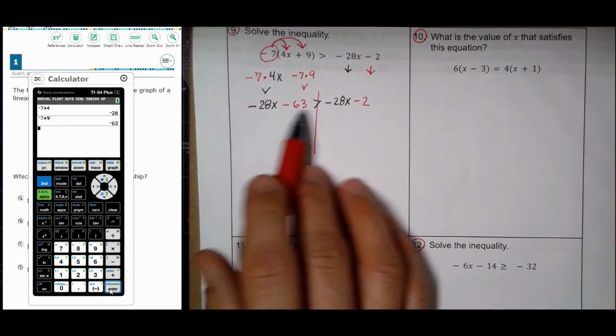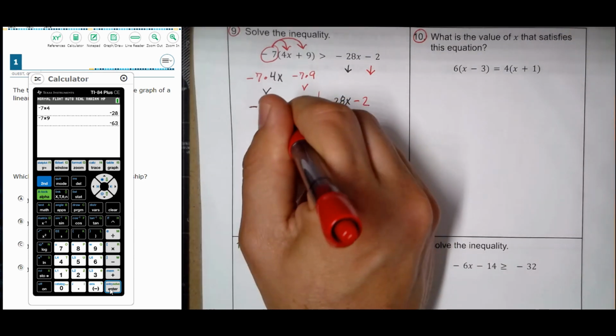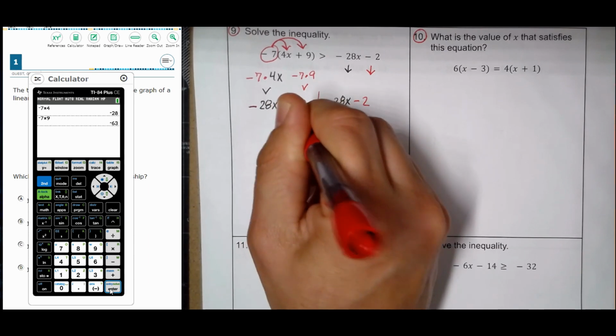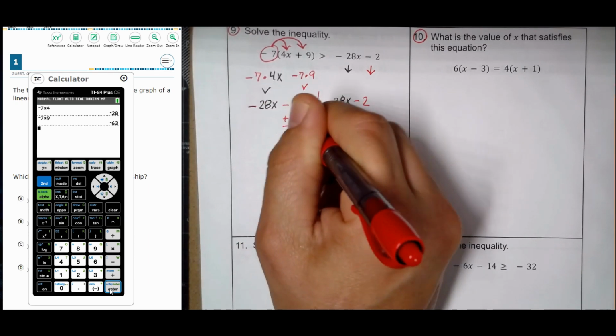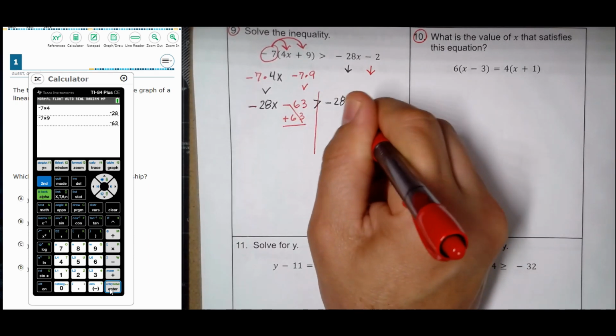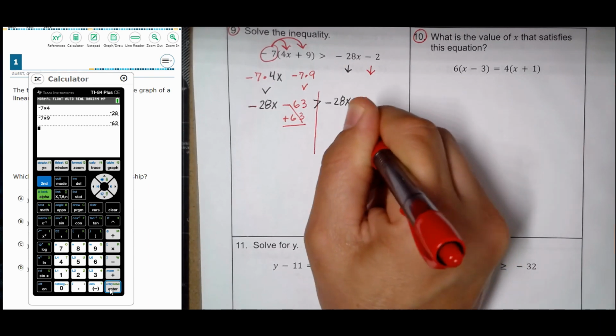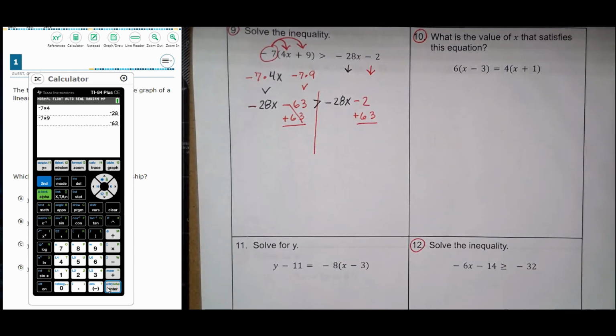So I'm going to start by moving my constant over to the right. So I'm going to do the inverse operation of subtracting, which is adding. I'm also going to add 63 to the right side of the inequality. And I'll put that in my calculator. I have negative 2 plus 63. And it gives me 61.